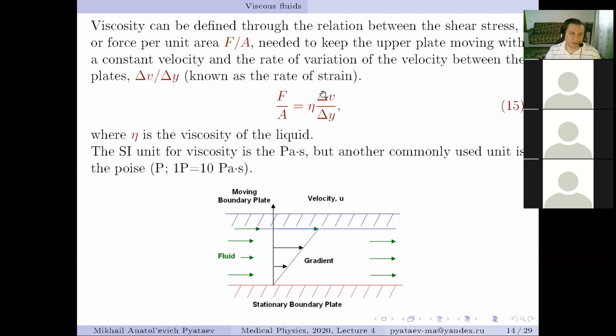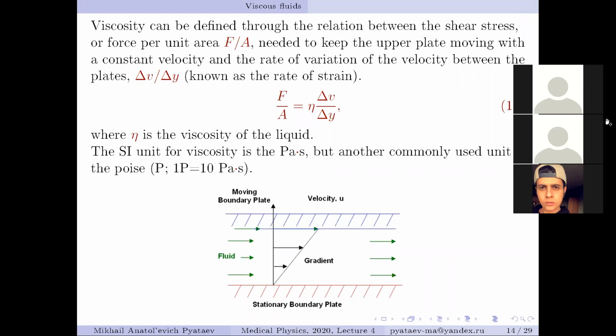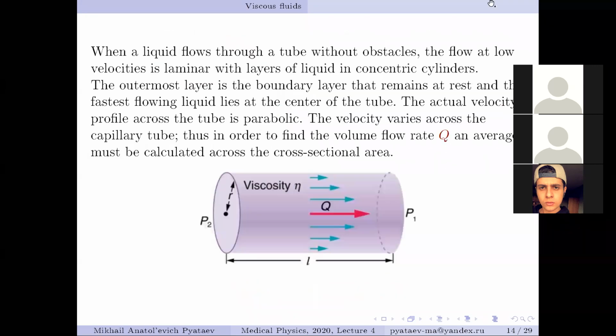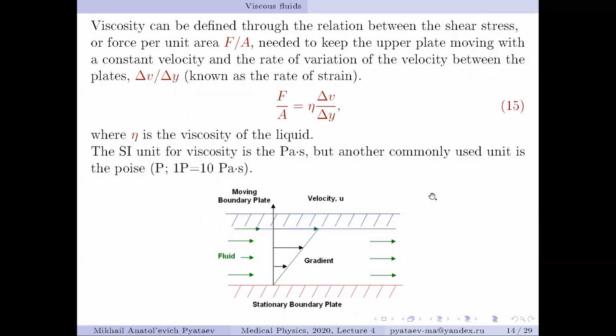This gradient of velocity is called the rate of strain. So we can say that force per unit of area is proportional to the rate of strain. And the coefficient of proportionality between these two quantities is called the viscosity of the liquid.